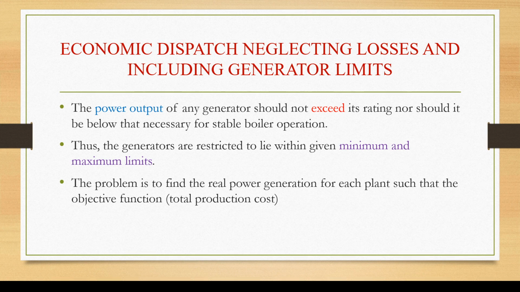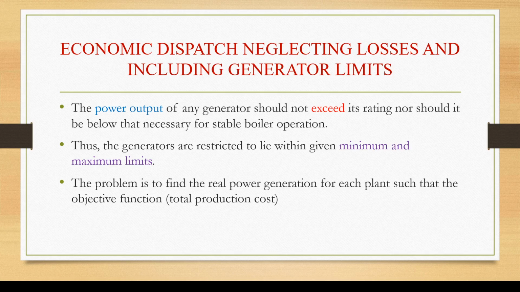That is, it should lie between some minimum and maximum limits. So we have to set the minimum and maximum rating for the generator, so that the output of the generator does not exceed or fall below these values.